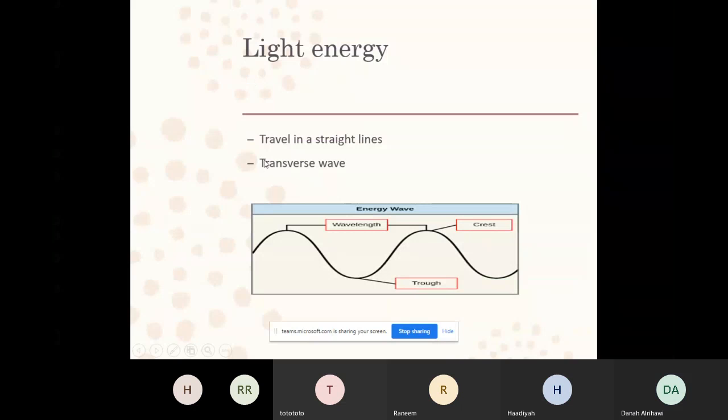Light is not longitudinal. Light is a transverse wave. It goes up and down, up and down, in opposite directions. While in sound, we call this longitudinal, going back and forth, compression and far apart, compression and far apart.